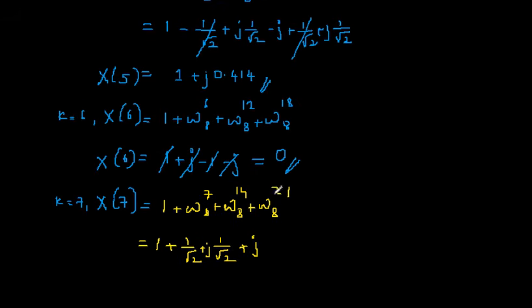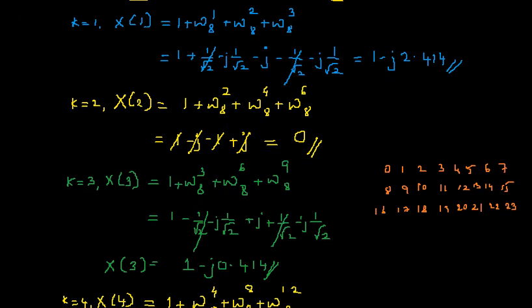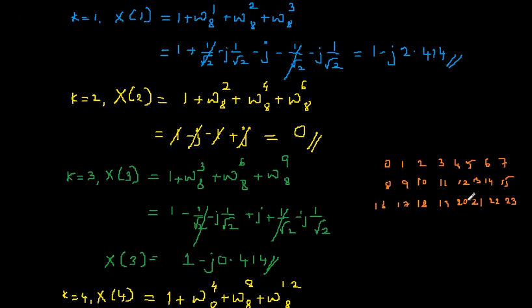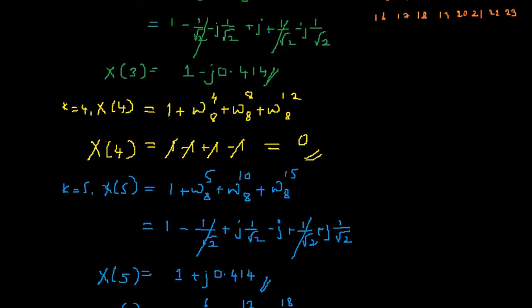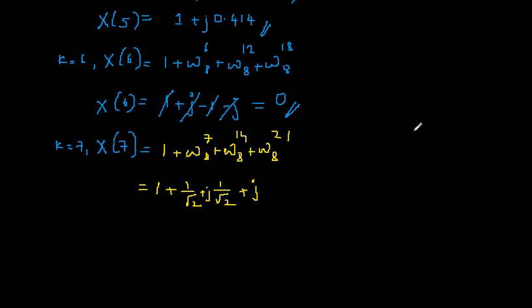And lastly, I have w8 to the power 21. Make use of the periodicity property. W8 to the power 21 is w8 to the power 13, which is equal to w8 to the power 5. And what must be w8 to the power 5? It is minus 1 by root 2 plus j 1 by root 2. So I will put the values here: minus 1 by root 2 plus j 1 by root 2.